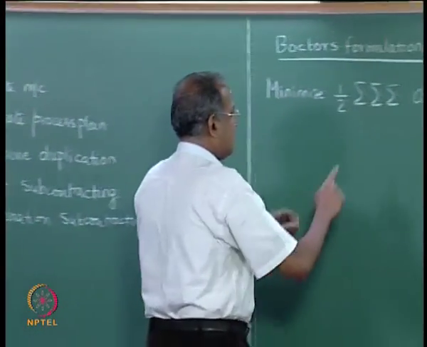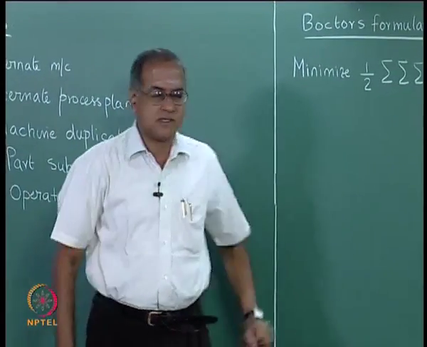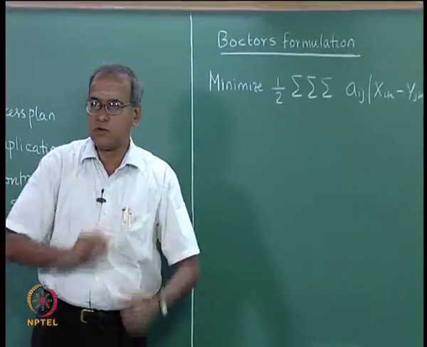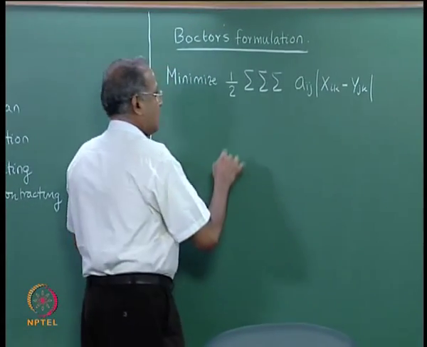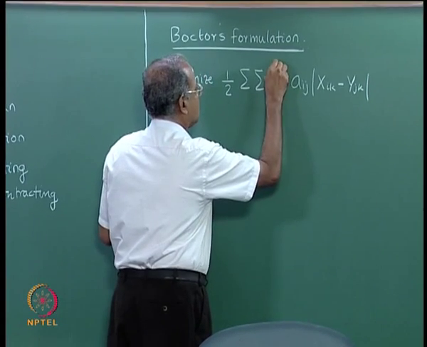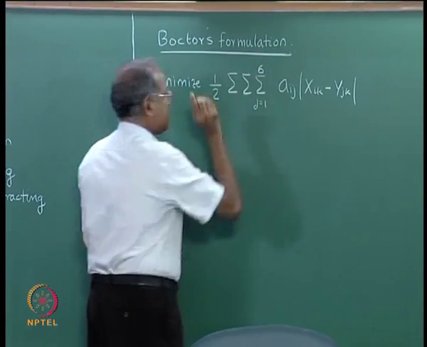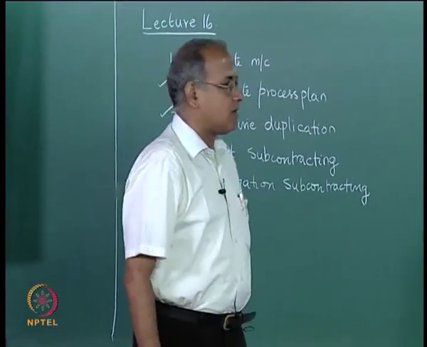We have already seen that this minimizes the intercell move, and since it is counted twice, the half is also brought in. Now, the only catch here is j will be from 1 to 6 because there are 6 process plans. So, we calculate j equal to 1 to 6.